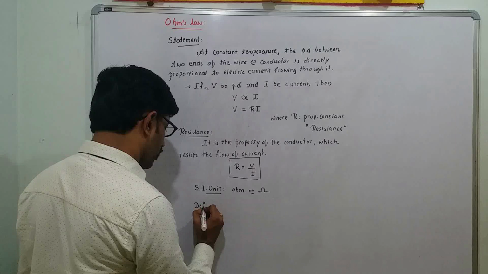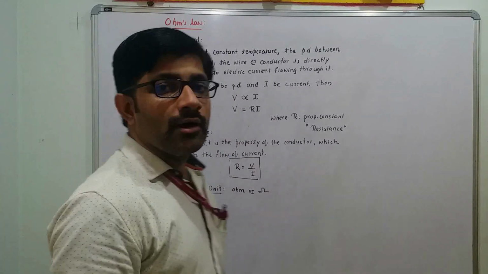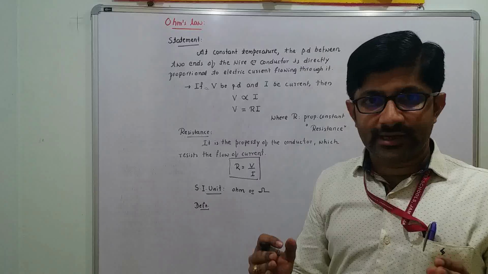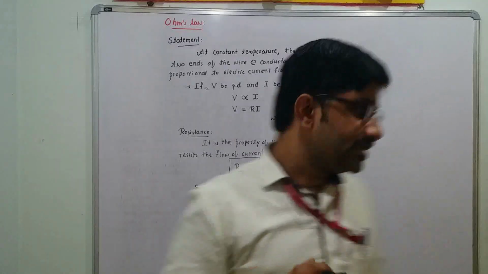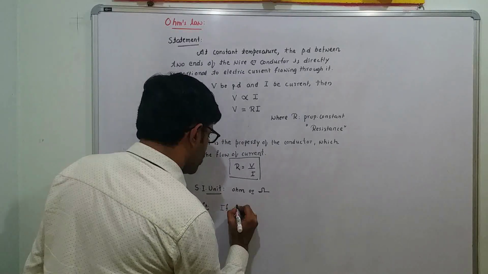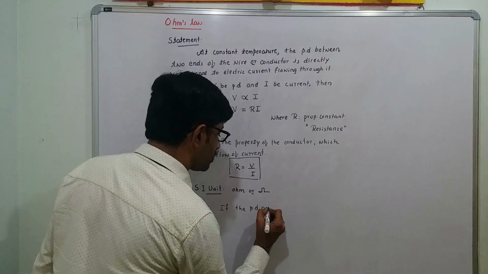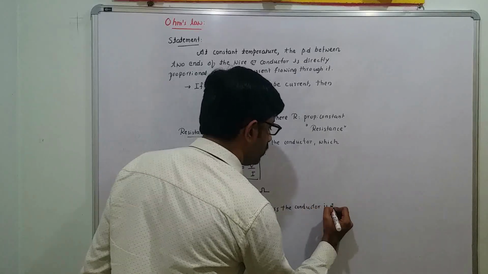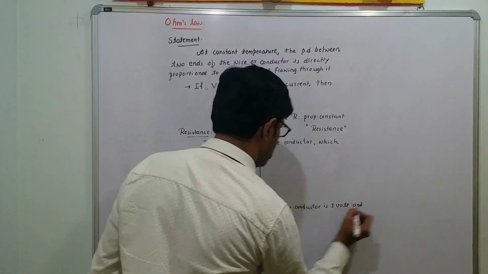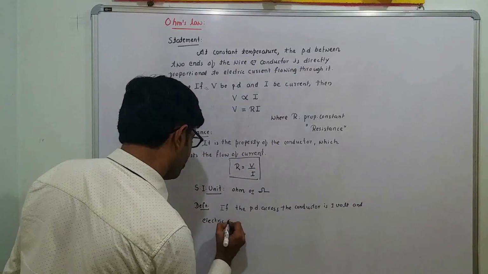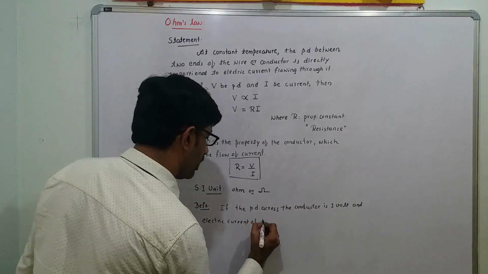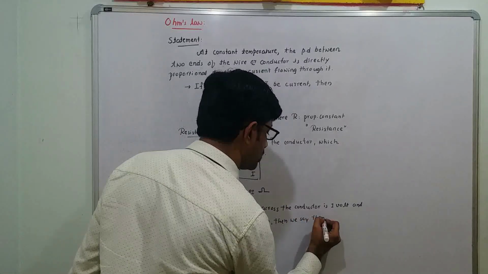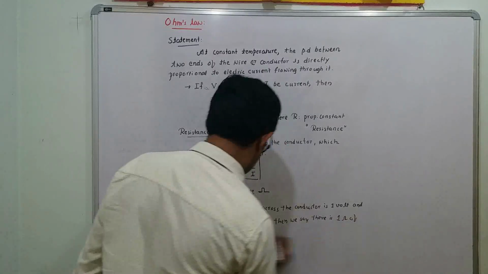Now the definition of 1 ohm. If the potential difference across the conductor is 1 volt and the electric current is 1 ampere, then we say there is 1 ohm of resistance.